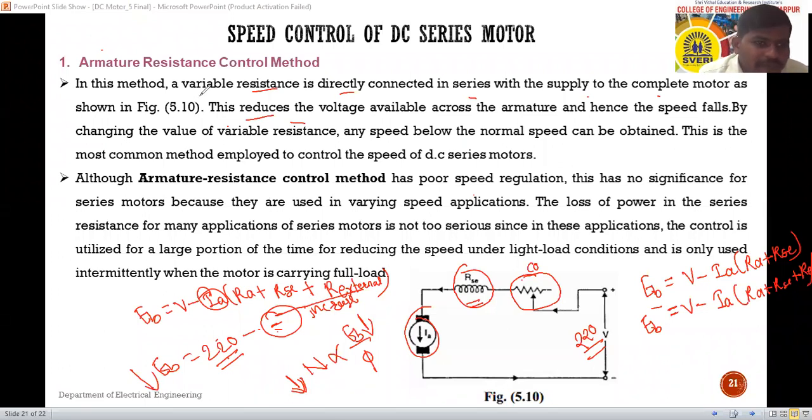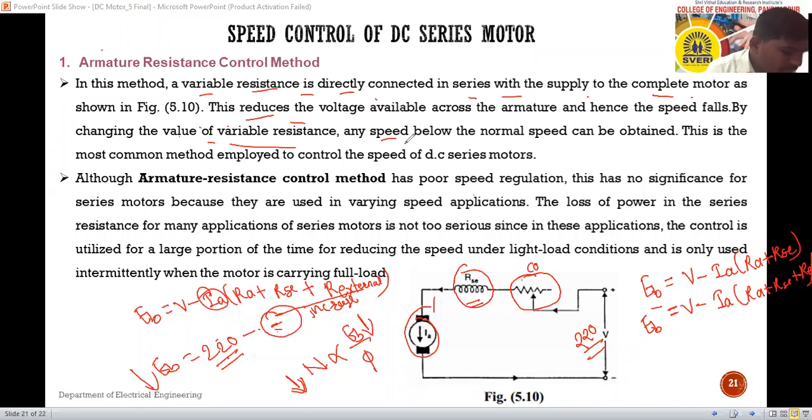See, in this method, a variable resistance can be directly connected in series with the supply to the complete motor as shown in figure here. The series resistance is connected; one resistance can be connected in series with the armature or field winding. Now see, by changing the value of this variable resistance, any speed below the normal speed can be obtained.